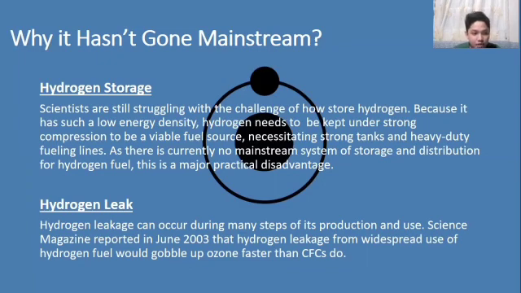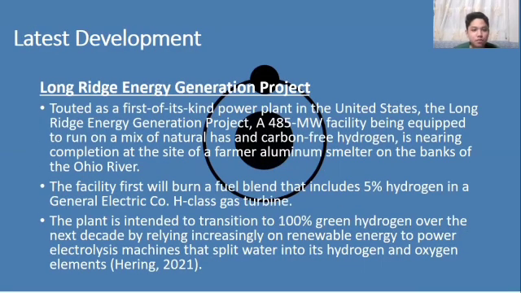Next is hydrogen leak. Hydrogen leakage can occur during many steps of its production and use. Science magazine reported in June 2003 that hydrogen leakage from widespread use of hydrogen fuel would gobble up ozone faster than CFCs do. Latest development.